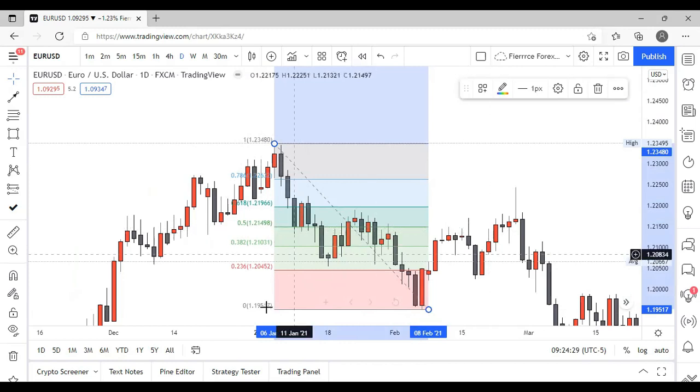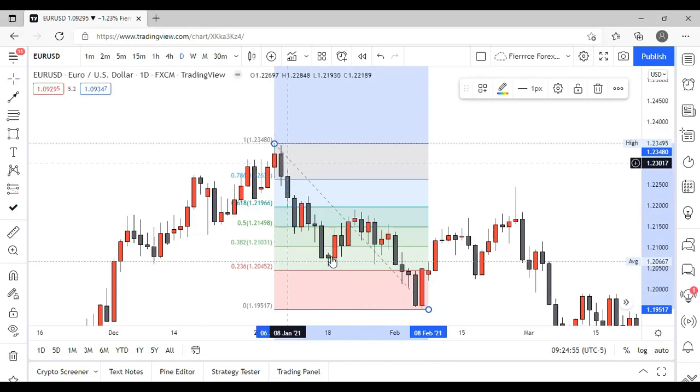We can see it ranges from 0. We have 0.236, 0.382, 0.5, 0.618, 0.786, then 1. So this is 0%, 23.6%, 38.2%, 50% level, and then 61.8%, 78.6%, 100%. It's from 0 to 100.